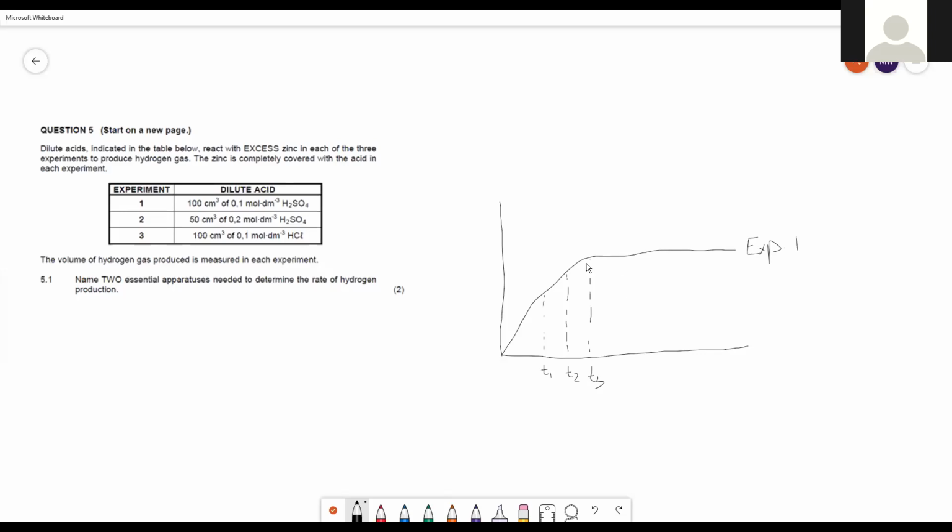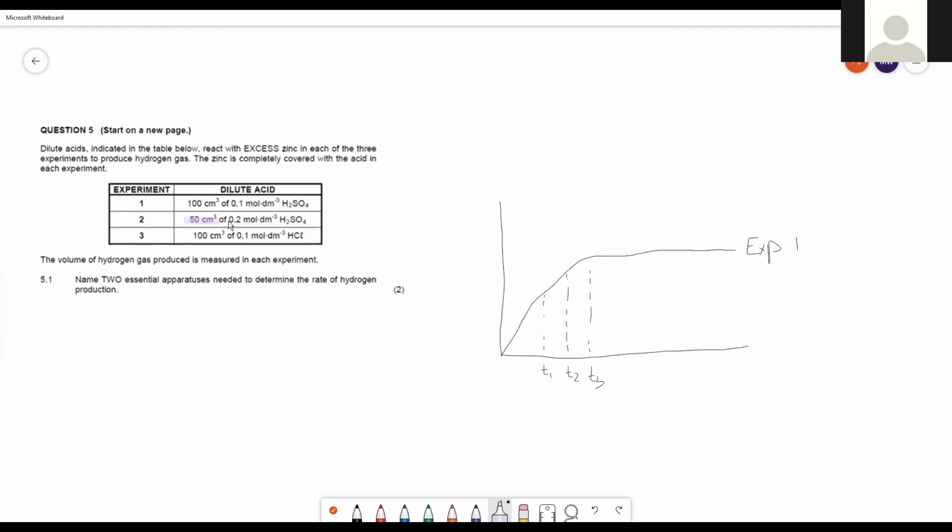Okay, so just quickly to see the difference for experiment 2, you've got 50 cubic centimeters, where in experiment 1 and experiment 3, you've got 100. And then for experiment 1, you've got 0.1 moles per decimeter cubed, and for experiment 3, you have that.